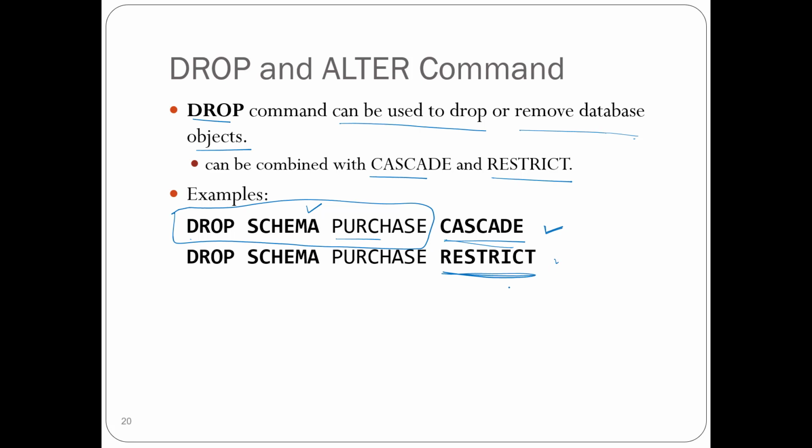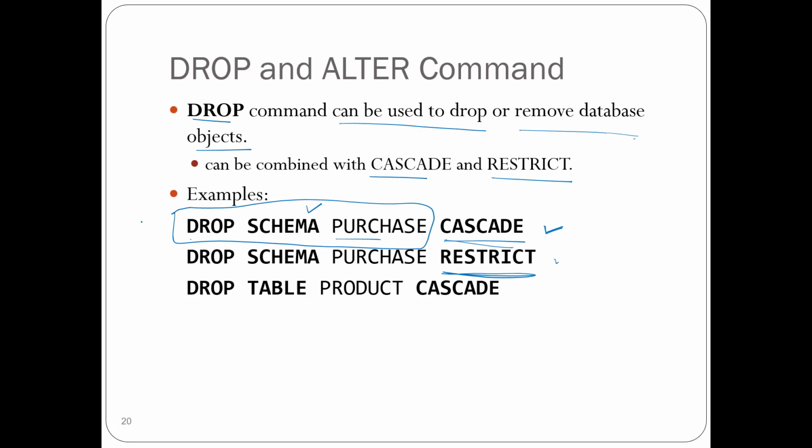If there are some database objects which are referencing this schema purchase, then this drop schema would be denied, right? It will not work. This will only work if it is cascade, right? If you say restrict, then if we have some objects which are referencing this purchase schema, you cannot drop it, because we are using restrict.